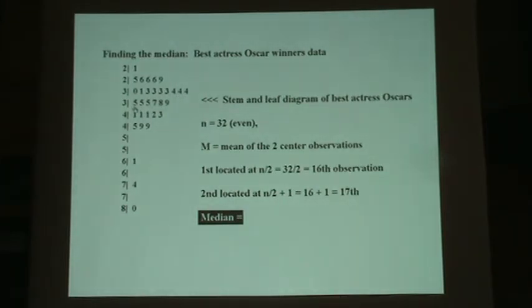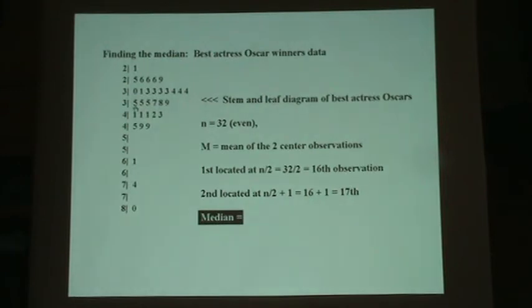So there's our 16th score. And now the second one is located at the n divided by 2 plus 1. So 32 divided by 2 is 16 plus 1 is the 17th score. Here's the 16th, this is the 17th score.